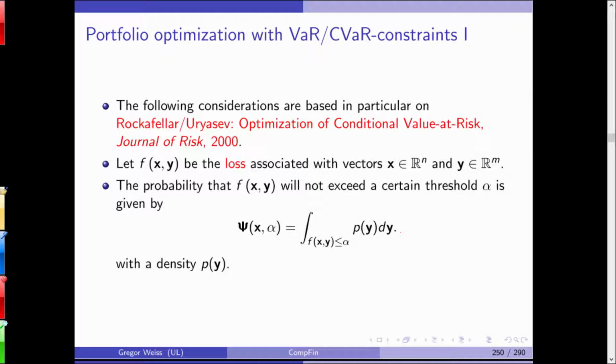Now, the probability that f of x and y will not exceed a certain threshold, alpha, is just given by taking the integral over the probability density function, where you simply assume that f should be smaller or equal than alpha, and then you integrate over the probability density function p of y.